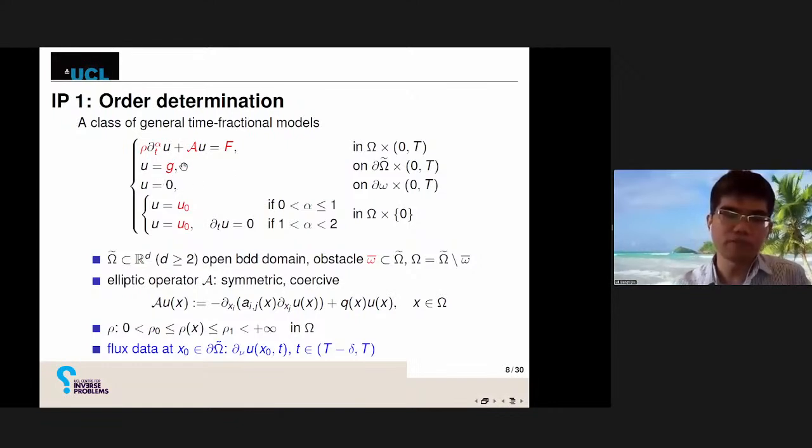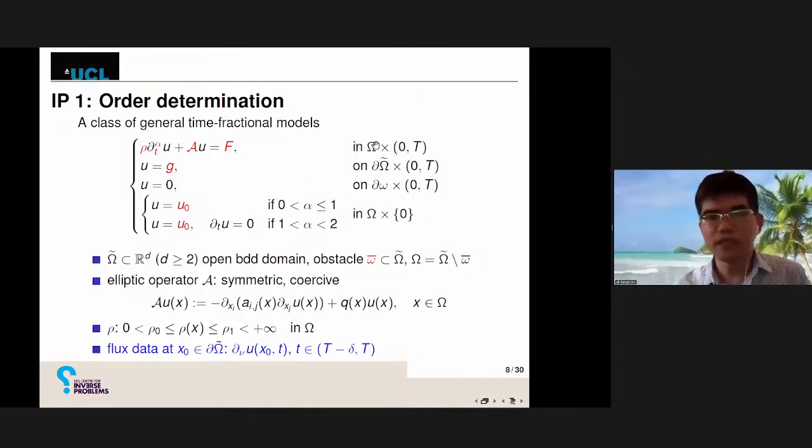And then we have the Dirichlet boundary condition on the external part of the boundary. And then we also have the initial condition. And everything in red, I assume for the moment, is not known. This means that these functions rho, A, F, G, and U0, all of them are unknown.